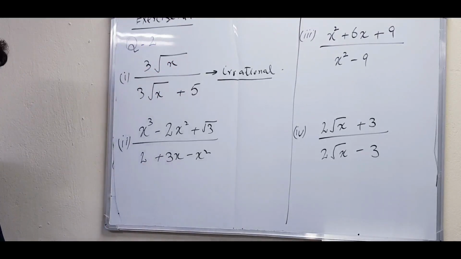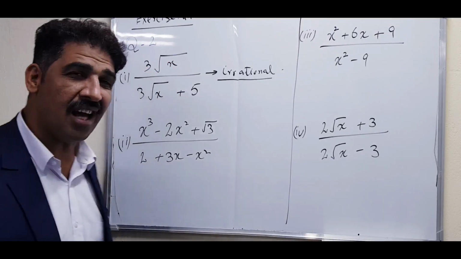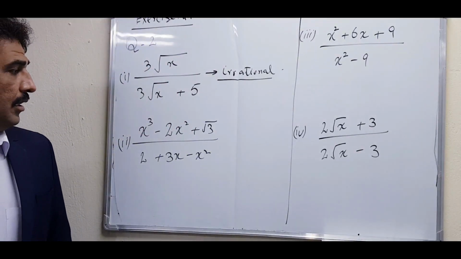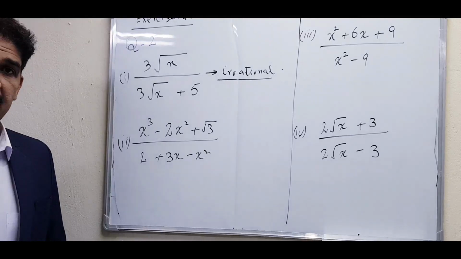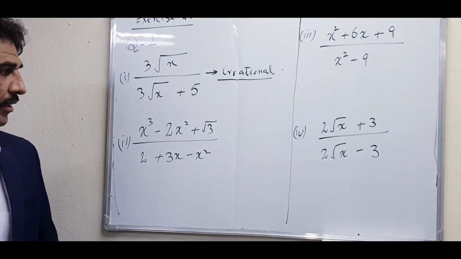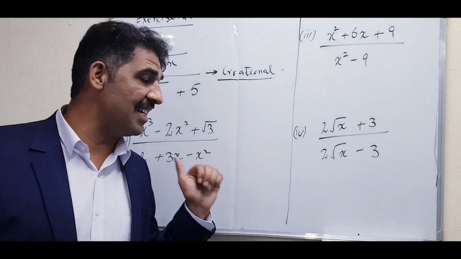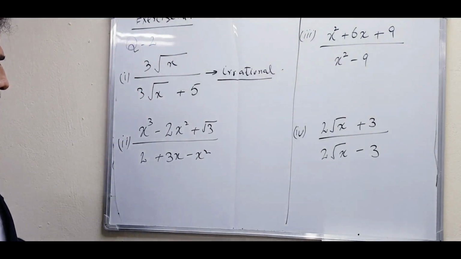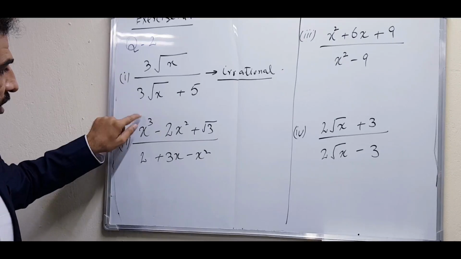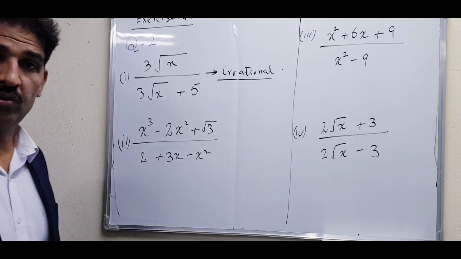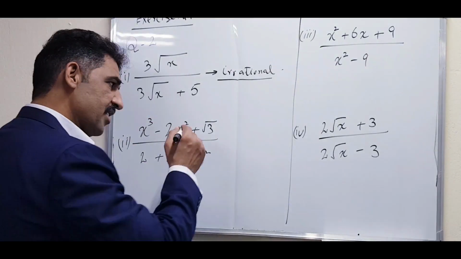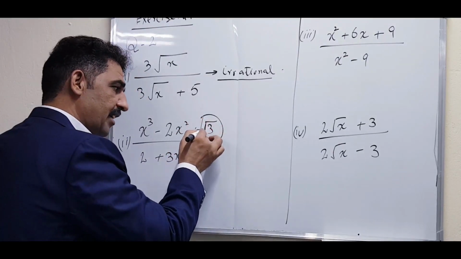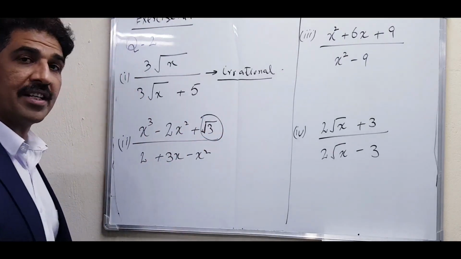What about this one? Is it irrational or rational? Isaac, give me the answer. Good. This is rational. Why is it rational? Because its power is 3, its power is 2. Now what is your question? This 3 has a square root sign, and 3 is also not a perfect square.